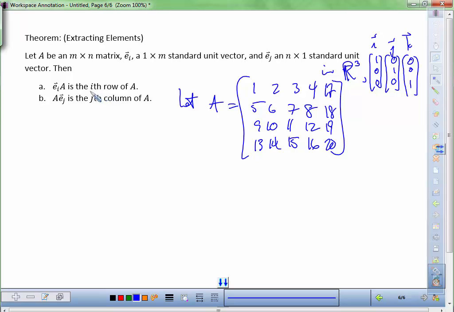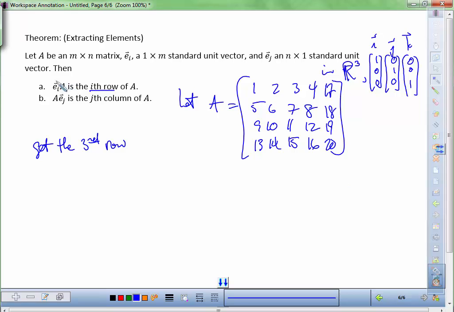If I want to extract the ith row, let's say the third row, it's easy. If you know what the matrix is, I know what the third row is. It's 9, 10, 11, 12, 13, right? But the idea behind this is that if you don't know your matrix and for some reason you want to extract one of the rows, how else are you going to do this?